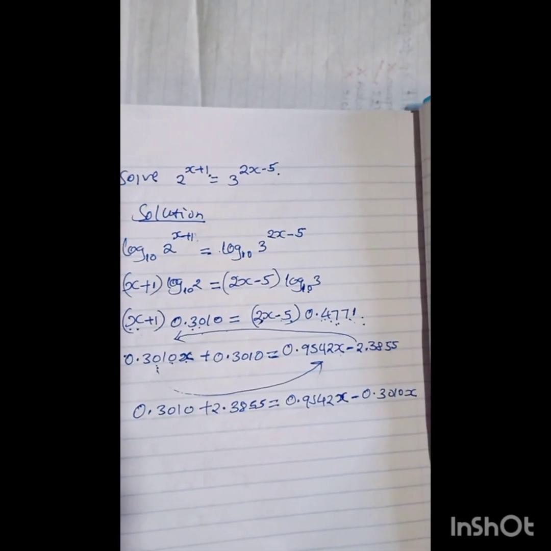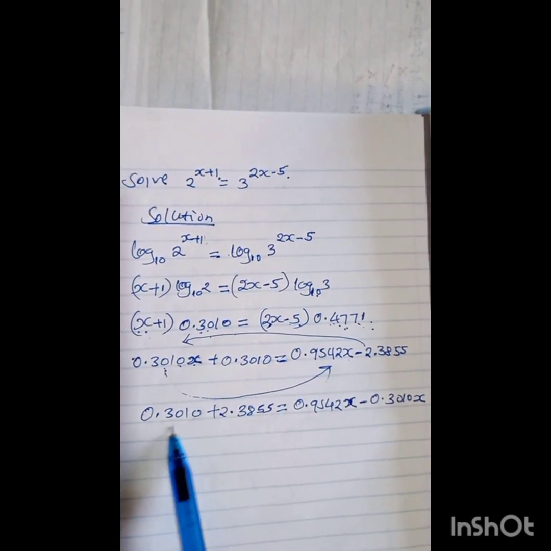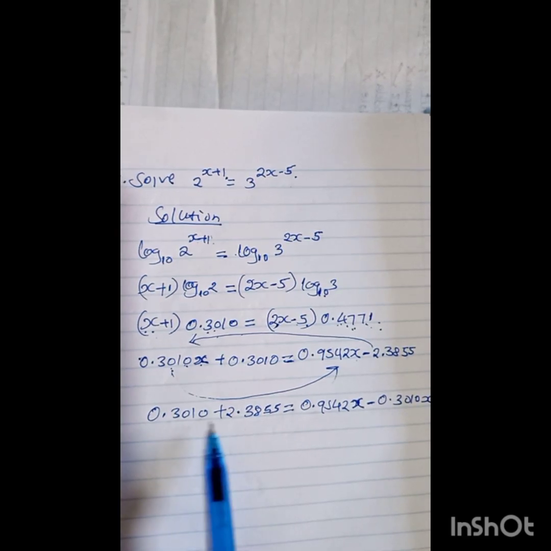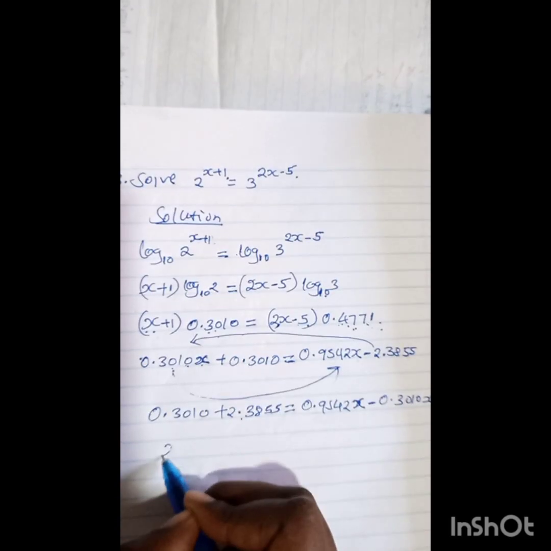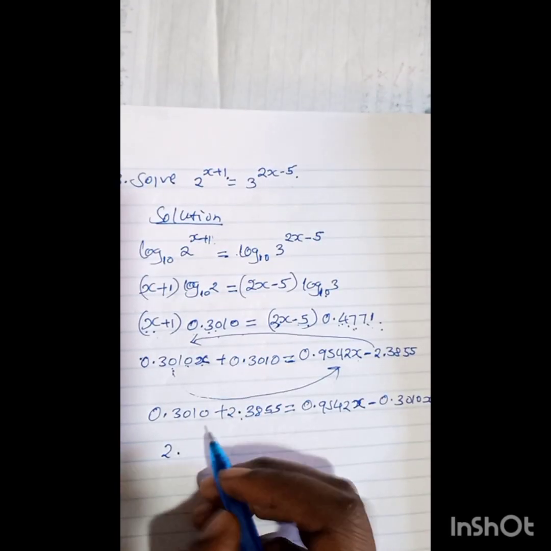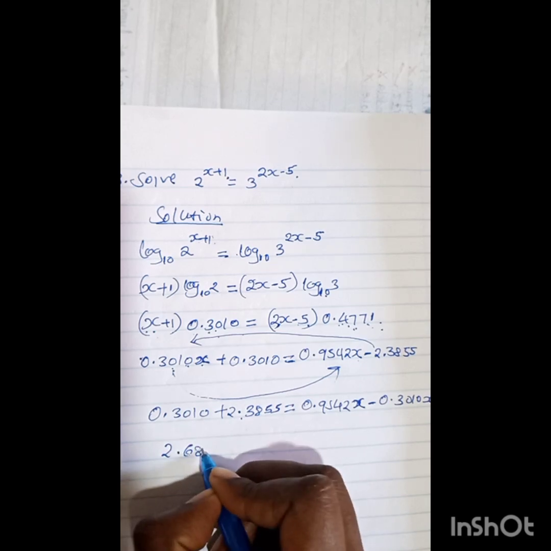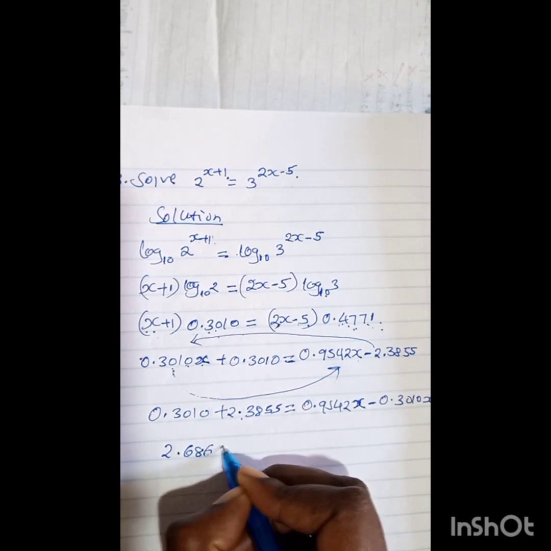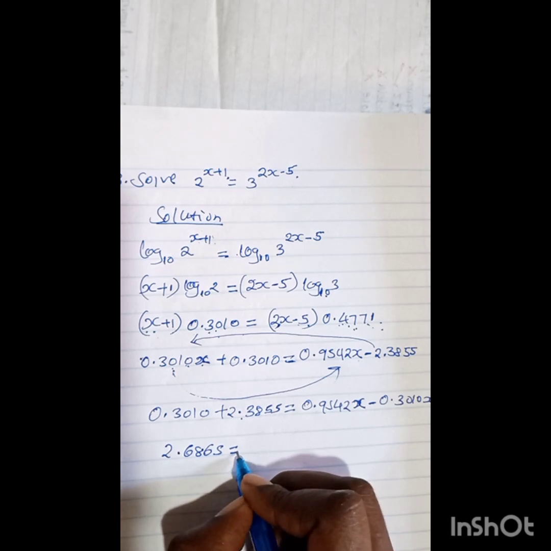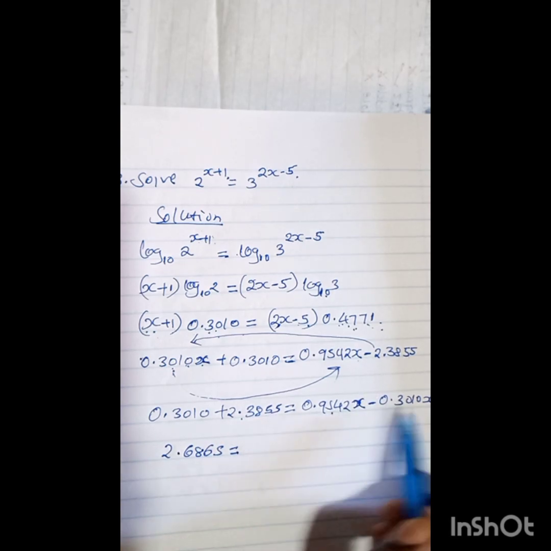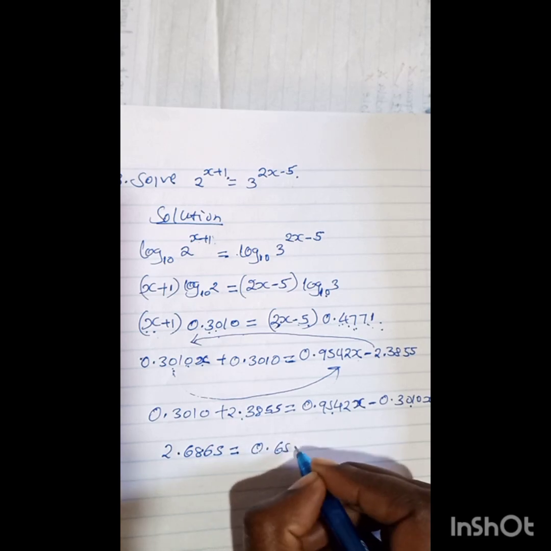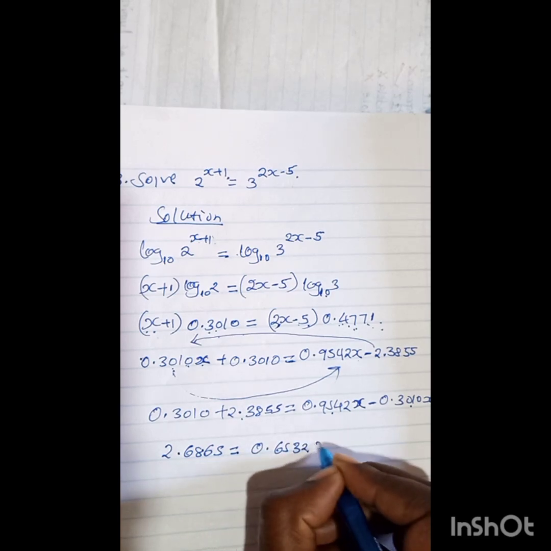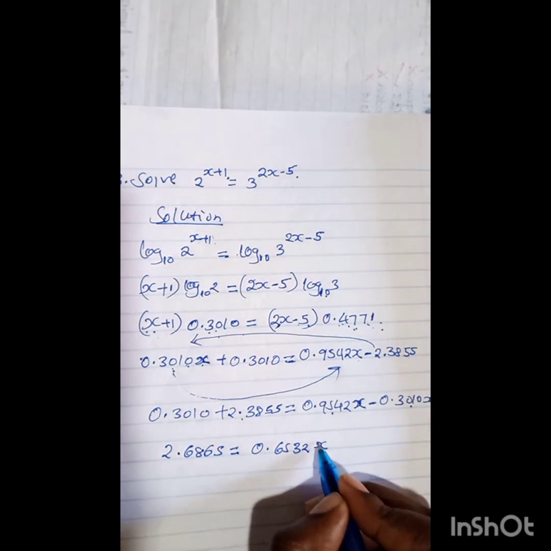And then from there, when you take this 0.3010 plus 2.3855, you will have 2.6865 is equals to, when you take this one minus this one, you will have 0.6532x. We will have that.